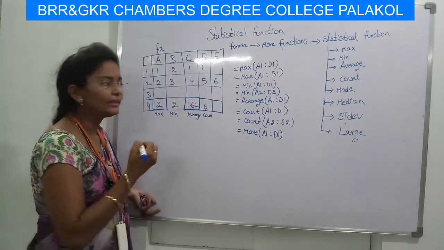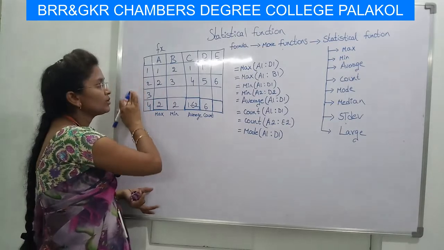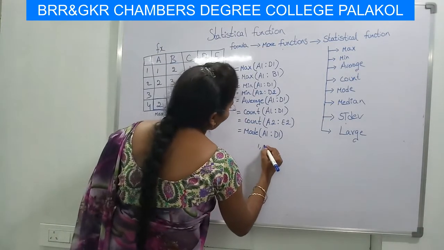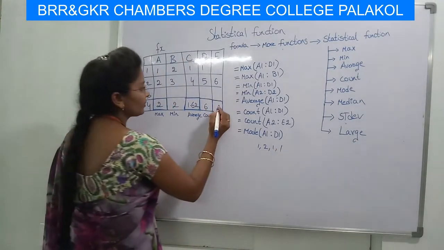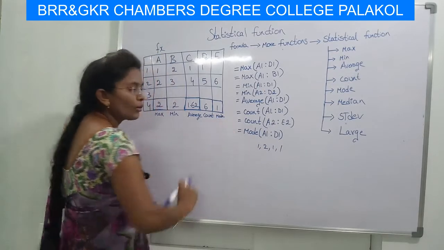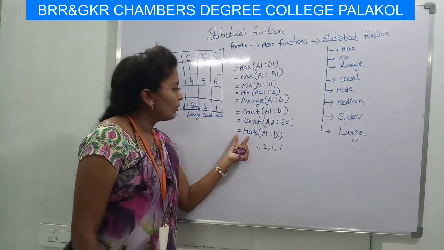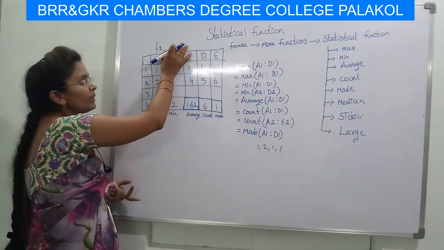After writing A1 to D1, it will calculate those values which we entered in the Excel sheet: 1, 2, 1, 1, and the mode value is 1. And this is the result of the mode function. This type of formula we have to enter in the formula bar only.